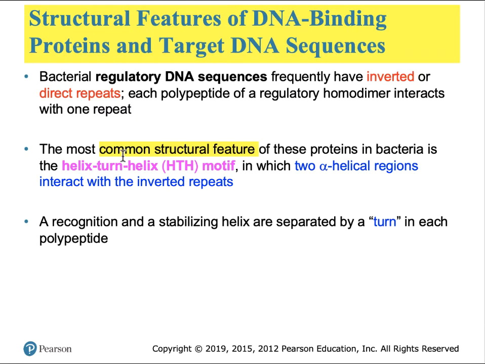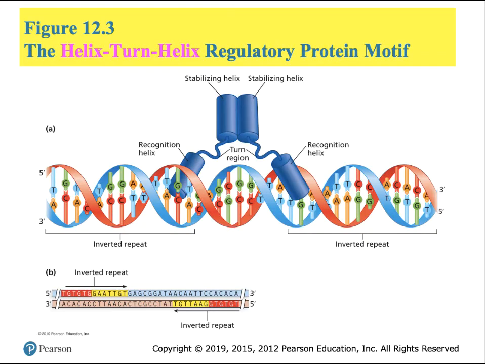The most common feature inside bacteria is the Helix-Turn-Helix protein motif, which consists of two alpha helices separated by a turn of amino acids. The two alpha helices interact with the inverted repeats, and the turn part of the polypeptide, the middle, just positions them in the correct orientation and spacing.